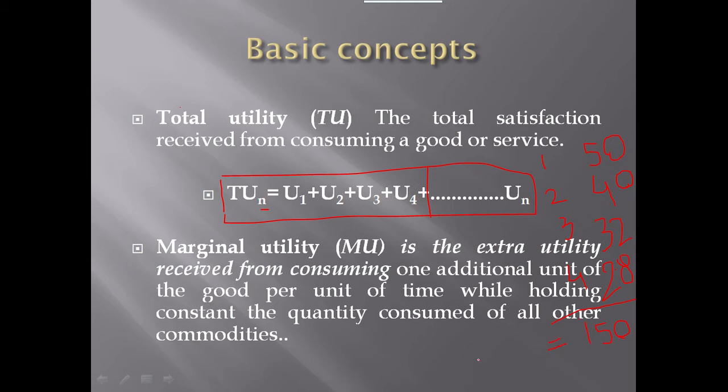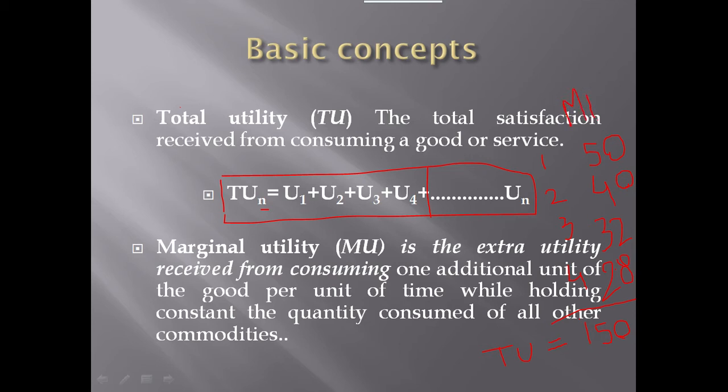What about the marginal utility? Marginal utility is the extra utility received from consuming one additional unit of the good per unit of time, while holding constant the quantity consumed of all other commodities. In this case, these are the marginal utilities.